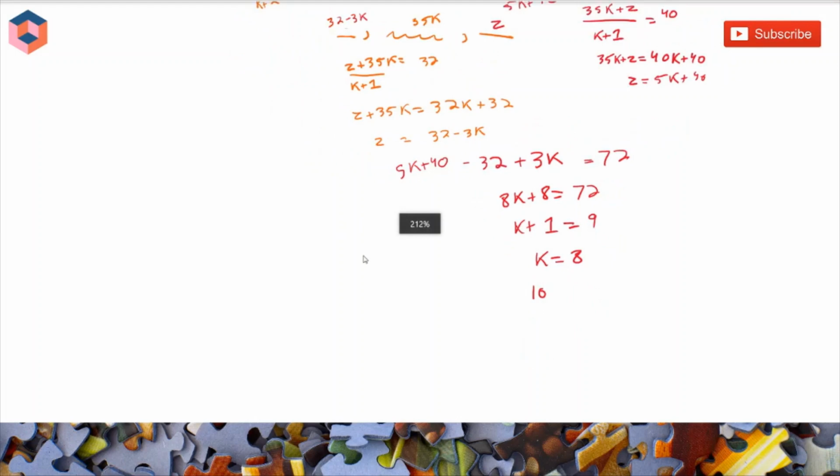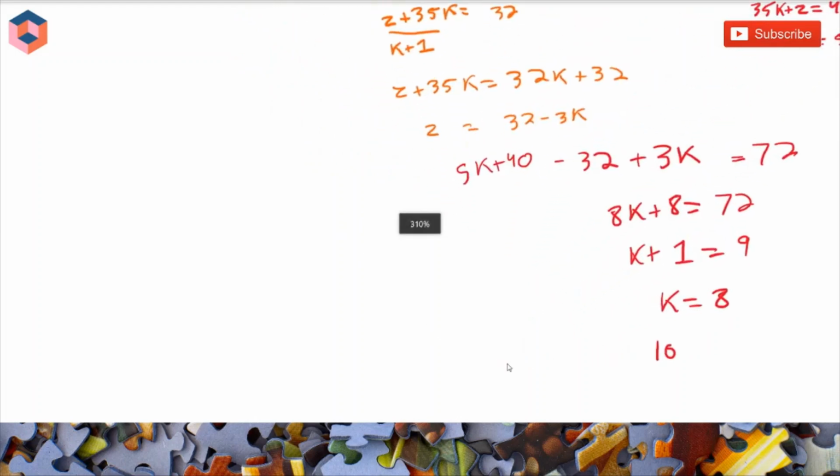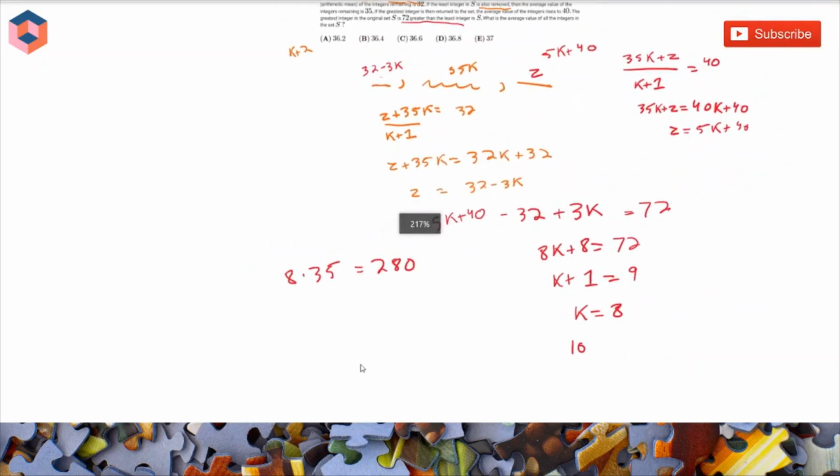So now let's add up the sum of all the terms. We have 8 35s in the middle. 8 times 35 gives us 70 times 4, 140 times 2, or 280. Plus this last term is 5k plus 40, or 5 times 8 plus 40, which is 40 plus 40, or 80.